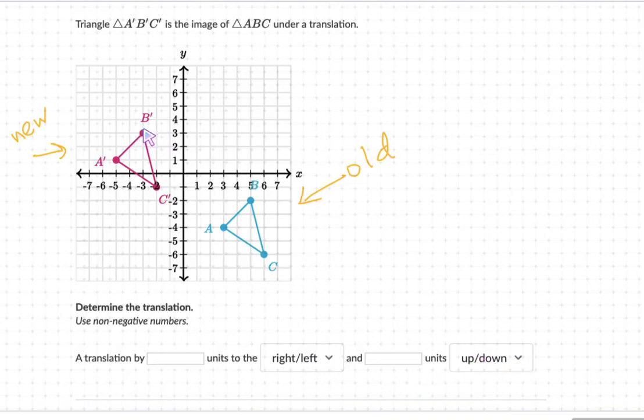So what we can do is we can just choose 2 points. I have point B prime and point B. Remember, this was the original, so let's go right to left first. The original went to the left by 1, 2, 3, 4, 5, 6, 7, 8 to line up with B prime.